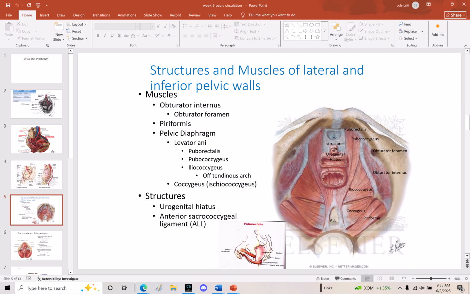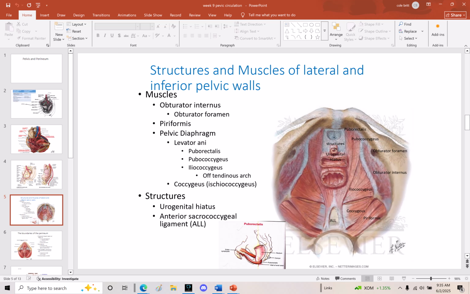And we have a group of muscles right here. Some of these muscles are just there to support the pelvis. Some of these muscles actually help with movement of the lower extremity. And all of them together come together to make what's called the pelvic diaphragm.